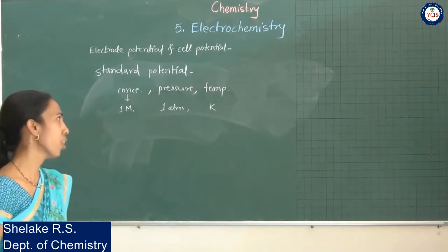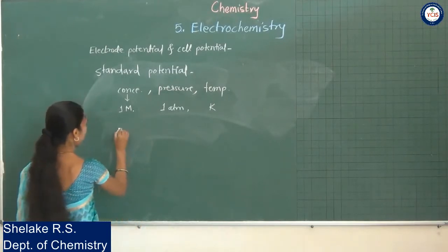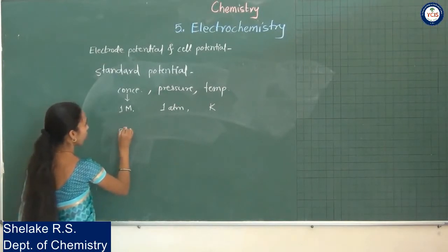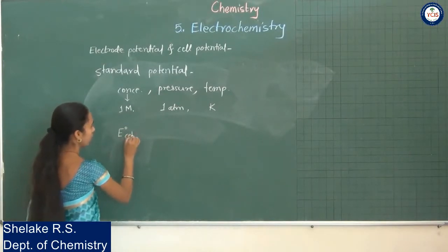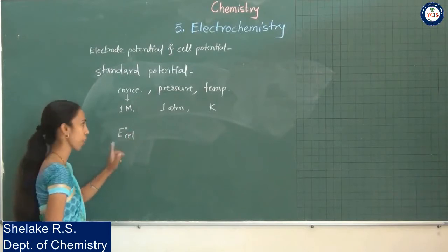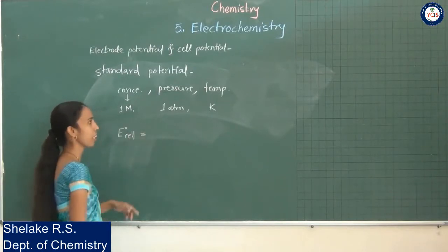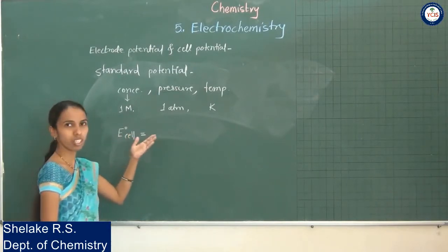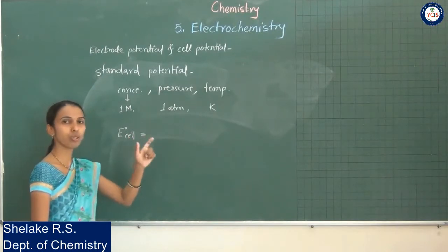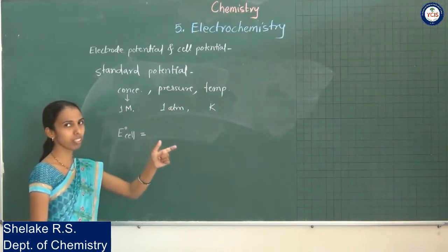Now this also mathematically you can write down. We denote it as E0 cell. This is the standard cell potential, which is nothing but, like we have written the equation, E cell is equal to E oxidation plus E reduction.